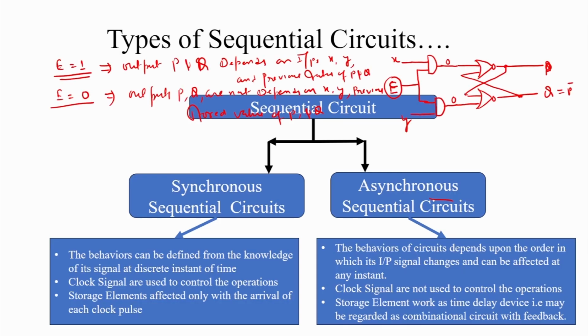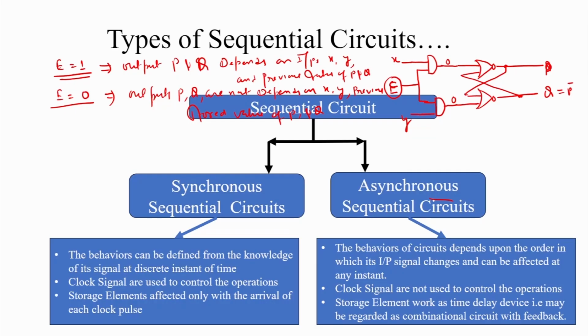We see that when E is equal to 1, meaning this enable input is 1, then the output depends on the present combination of inputs x, y as well as the previously stored values p and q. And when E is equal to 0, then whatever the previously stored state and whatever the present combination of input, the output is unpredictable, meaning the output is always 1 in that situation.